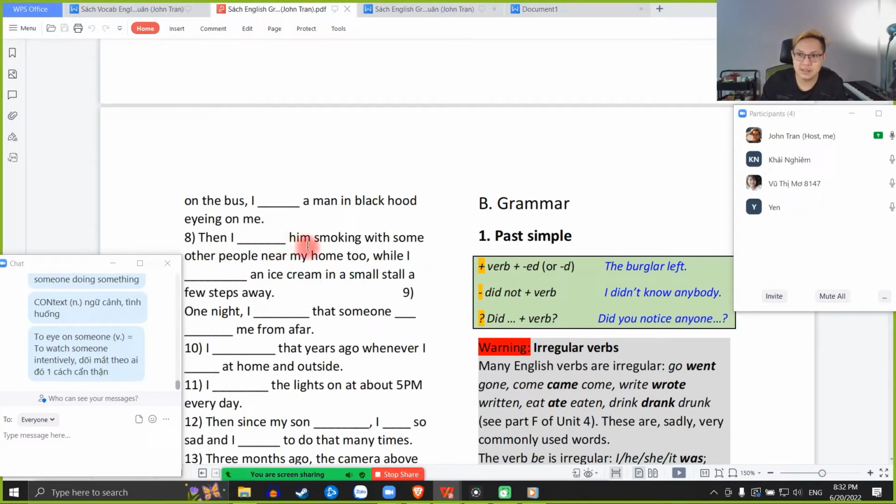Sau đó tôi nhìn thấy ông này hút thuốc với một số người khác gần nhà của tôi nữa, while I was enjoying an ice cream in a small store a few steps away. Trong một cái quầy bán kem nhỏ, cách đó vài bước.